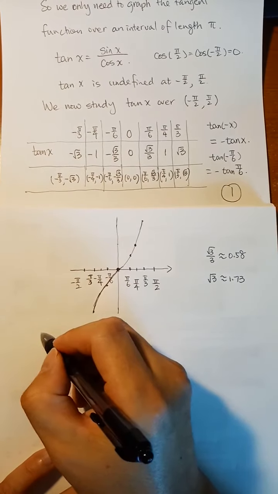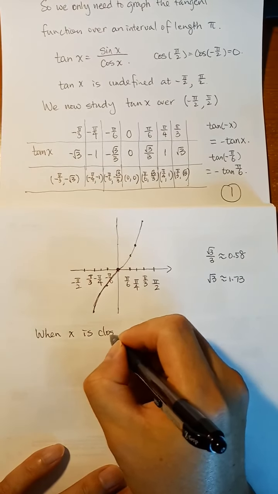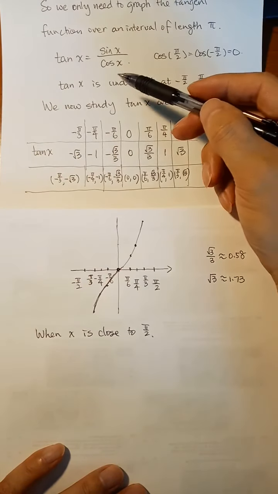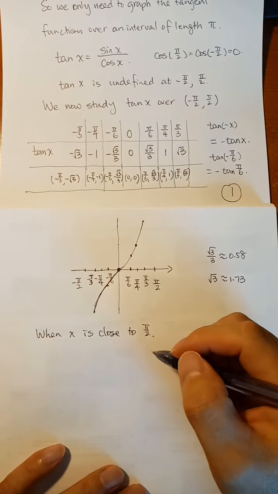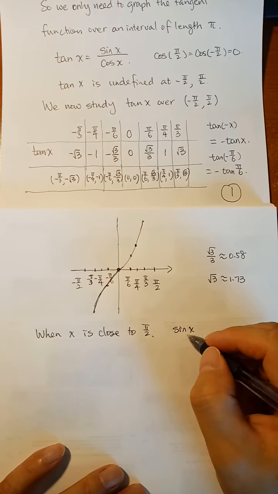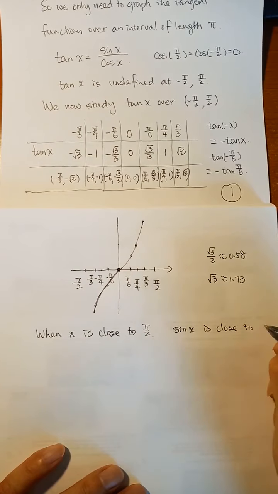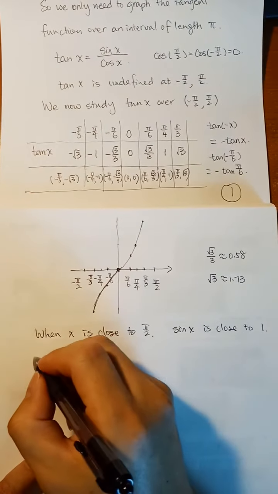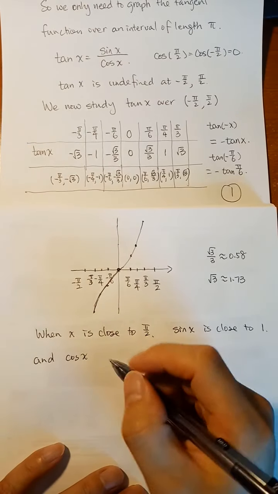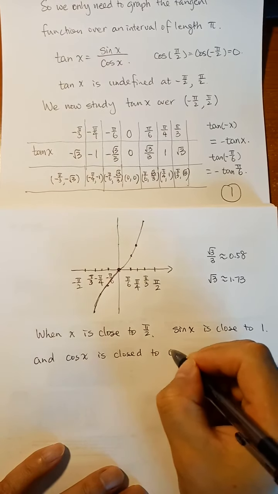So when x is close to pi over 2, remember the tangent is sine over cosine. So we're going to study the numerator under the denominator. Sine x will be close to 1. Sine pi over 2 is 1. And at the same moment, cosine of x, cosine pi over 2 is 0, is close to 0.